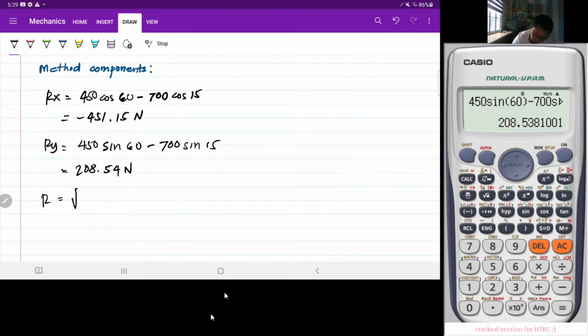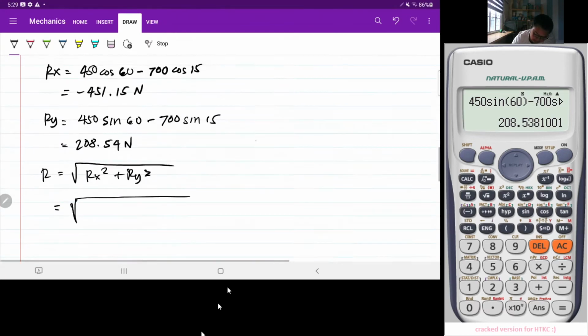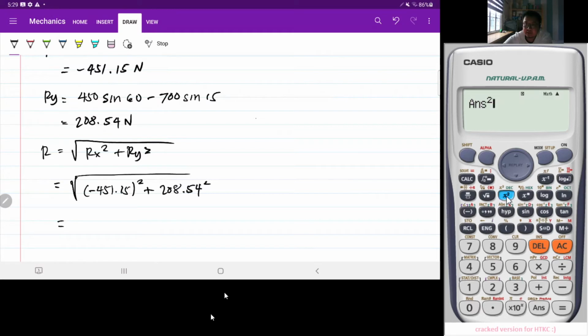Okay, so to solve for the resultant force, the formula is just the Pythagorean theorem. So R is equal to the square root of Rx squared plus Ry squared. Substituting, square root of negative 451.15 squared plus 208.54 squared.